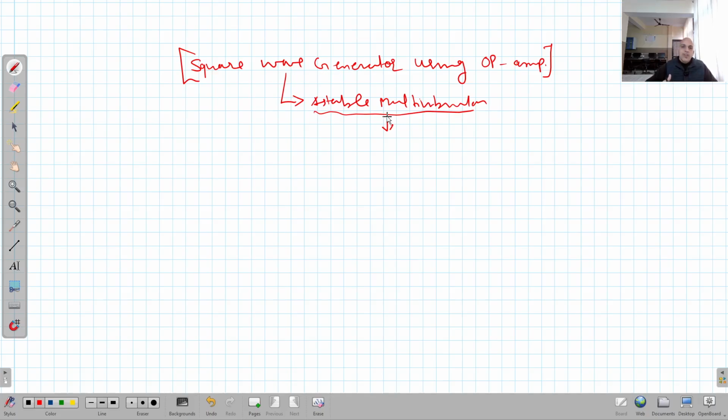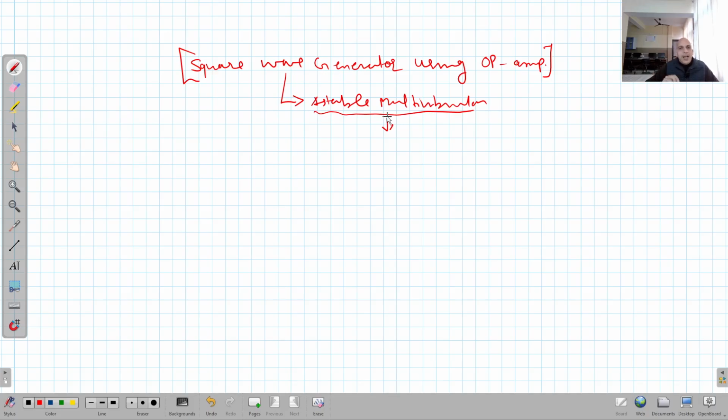It continuously switches between two unstable states by itself. So that is an astable multivibrator. Whatever circuit we are going to discuss, it is a kind of astable multivibrator. We are going to make use of an operational amplifier for it. At the end, we will see the waveform that is generated by this circuit.